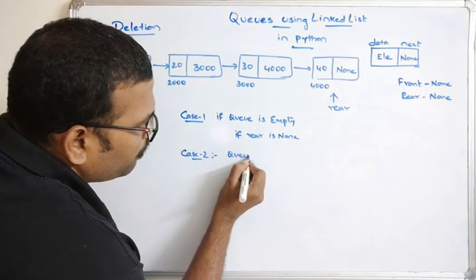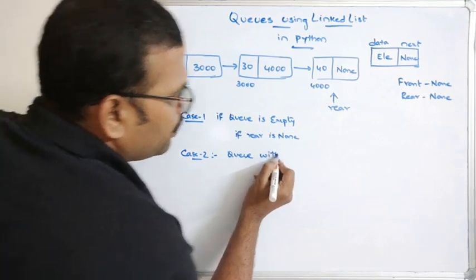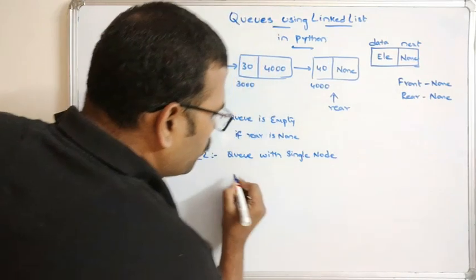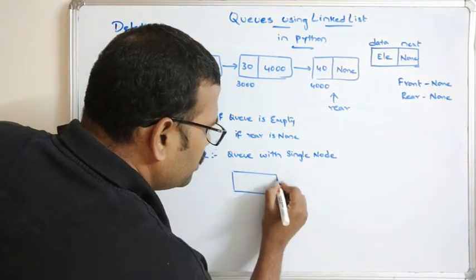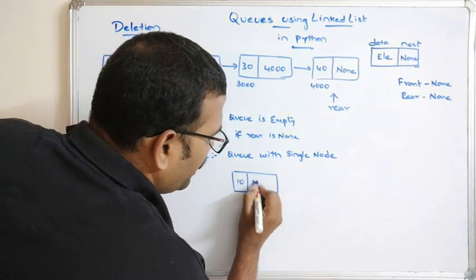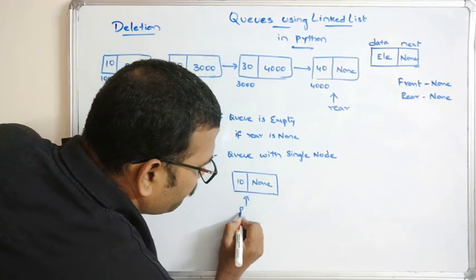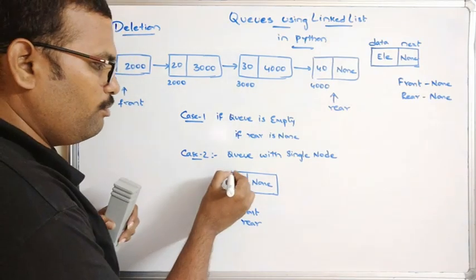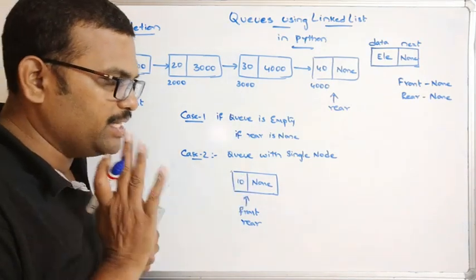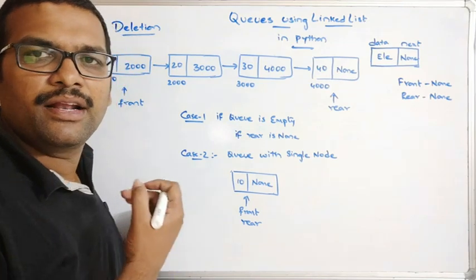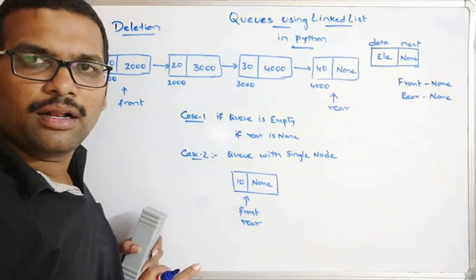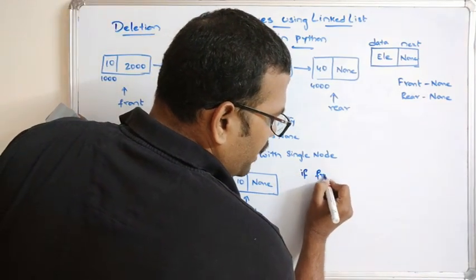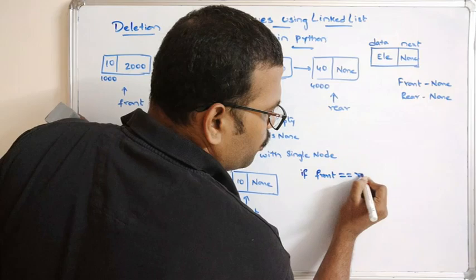Queue with single element, single node, queue with single node. For example, consider this one. So 10 and none. So this will be the front and rear. So if the queue is having the single element, then simply we can initialize that to none. So how can we check? Simply we can check if front is equal to rear.